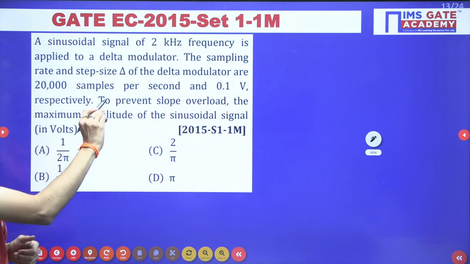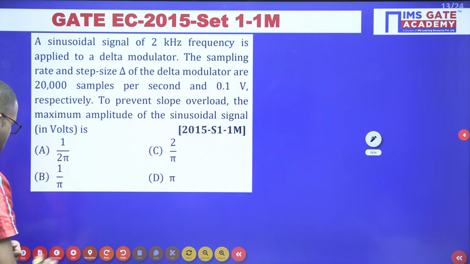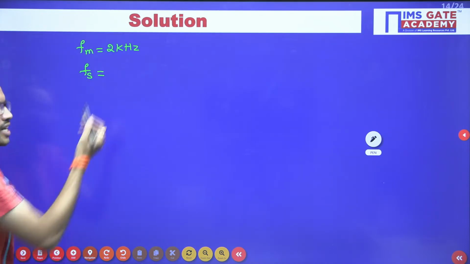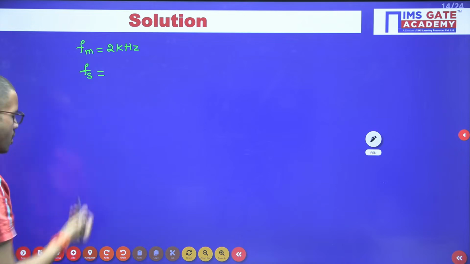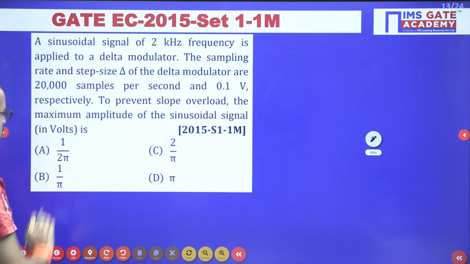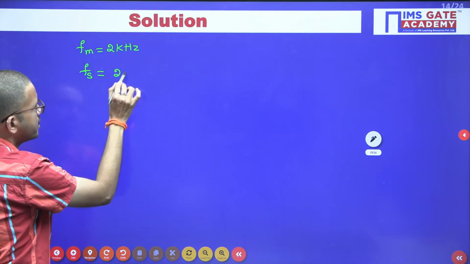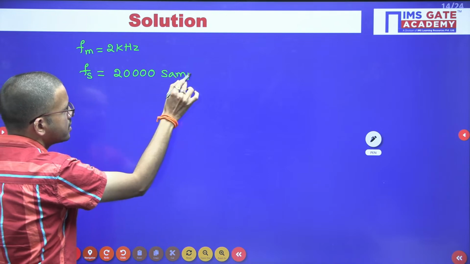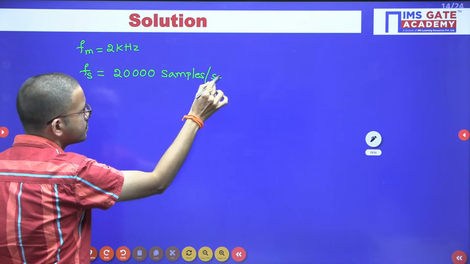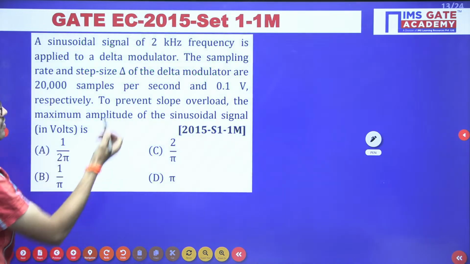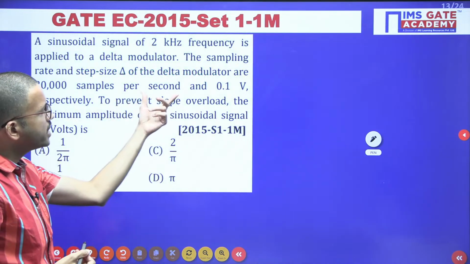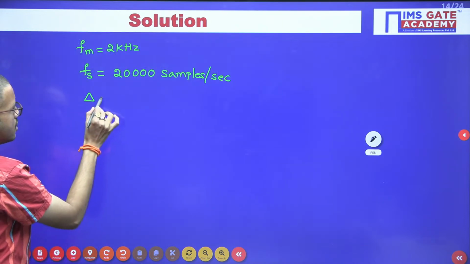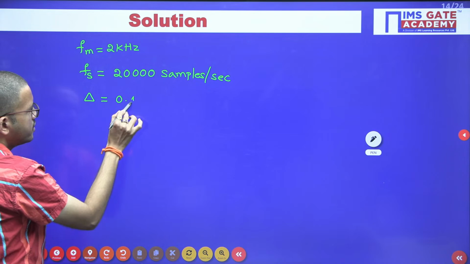Sampling rate, FS, sampling rate or sampling frequency all are same. They have given 20,000 samples per second, and the step size of the delta modulator as 0.1 volts.